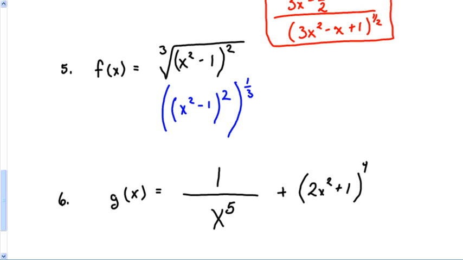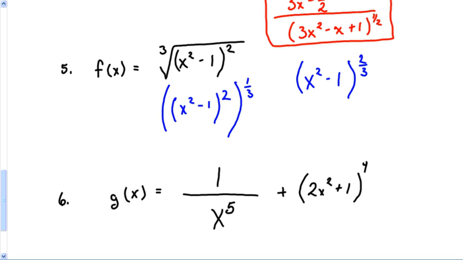And reality is we could work it that way, as a triple chain rule. But I'm just going to go back and write x squared minus 1 to the 2/3. I'm not going to try and work it as a function of a function of a function question. It's a little bit easier than that. I'm just going to take a third root of this square. So be to the 2/3.